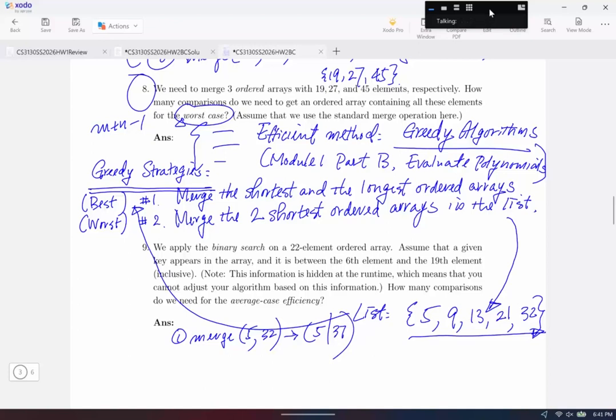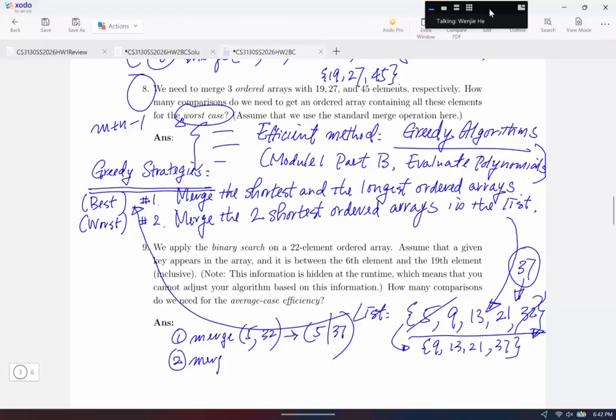Because we take away 5 and 32, we cross them out, but we need to insert 37. After the merge, we have a new array with size 37. So if you update your list, 4 numbers, including 37.